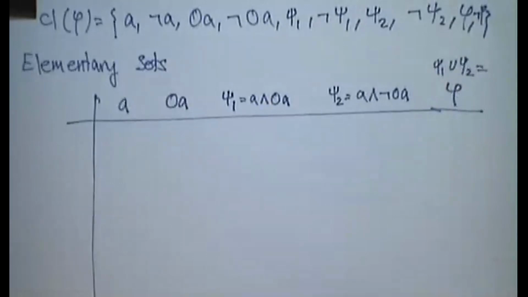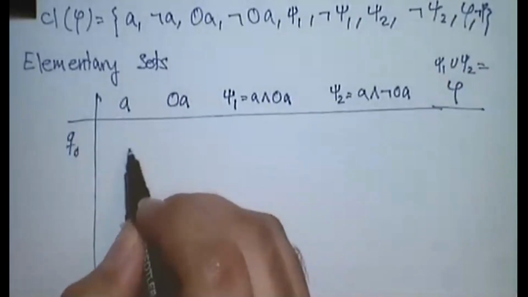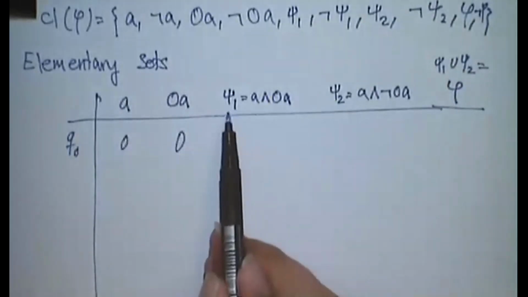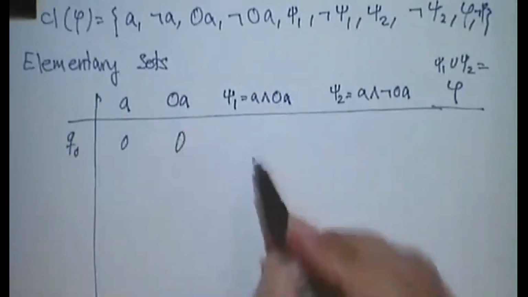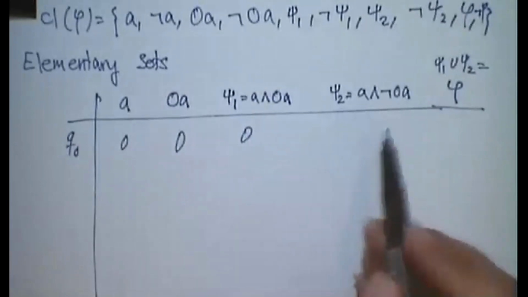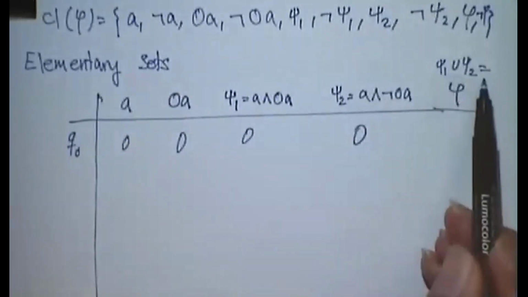So let's say that I don't have A and I don't have next A. Now, because psi1 is A and next A, and I don't have either one of them, I can't have psi1. Psi2, again, I can't have psi2 because I don't have A. Now, what happens with phi? Phi is psi1 until psi2.